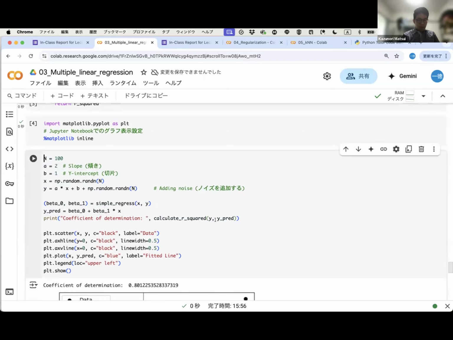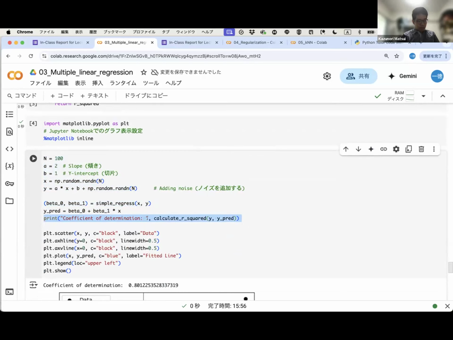Looking at this code, as usual, it follows the flow of providing data, analyzing data, and outputting the result.